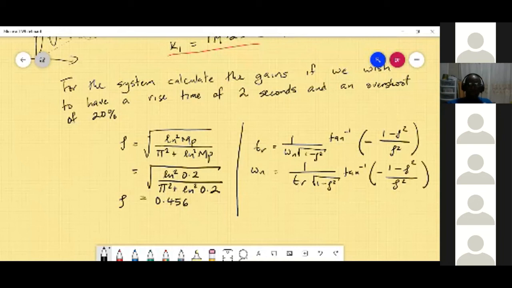Now we want omega n, so switch places. So that's 1 over the rise time of 2, times the square root of 1 minus 0.456 squared, tan inverse of minus the square root of 1 minus 0.456 squared over 0.456.